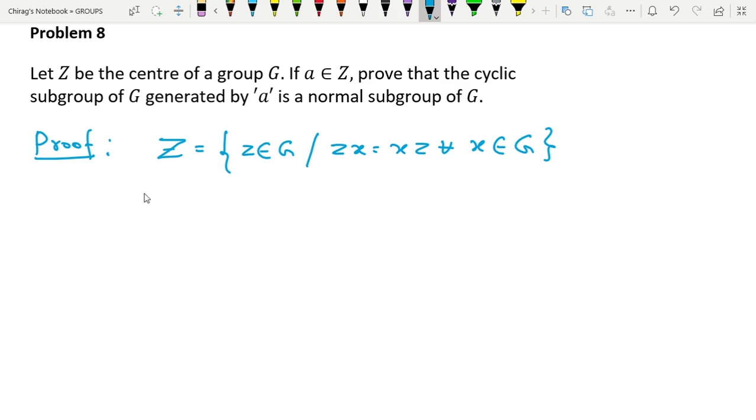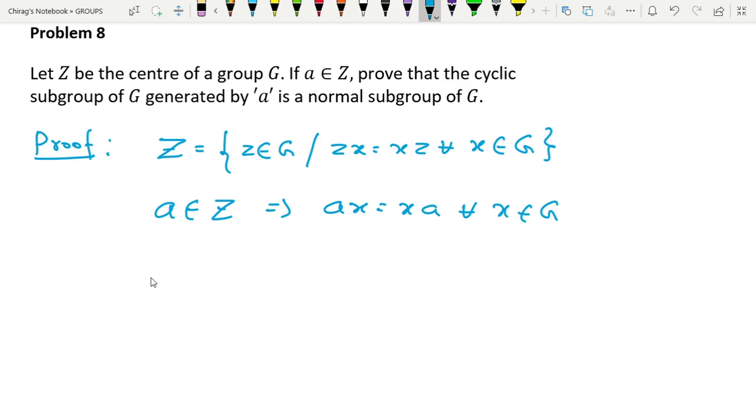Now given that a belongs to Z, implies ax equals xa for all x belonging to G.